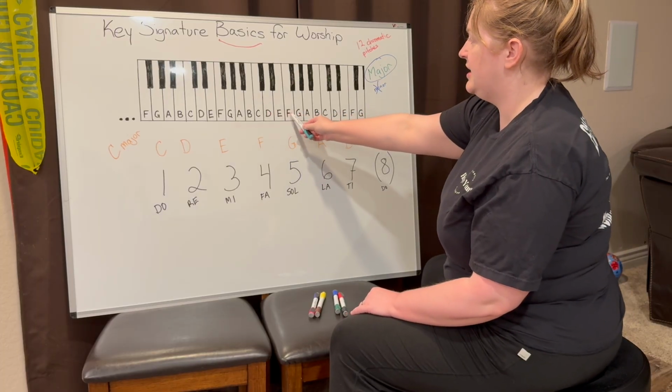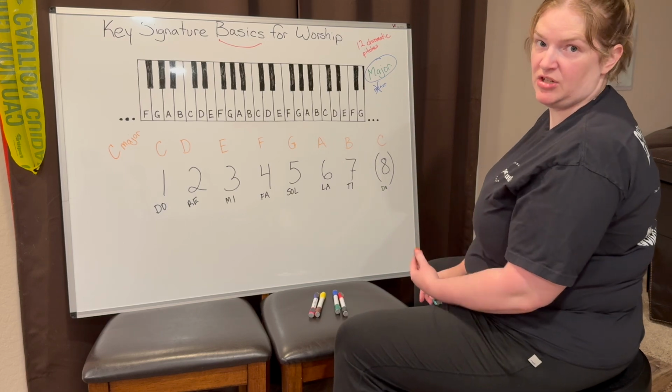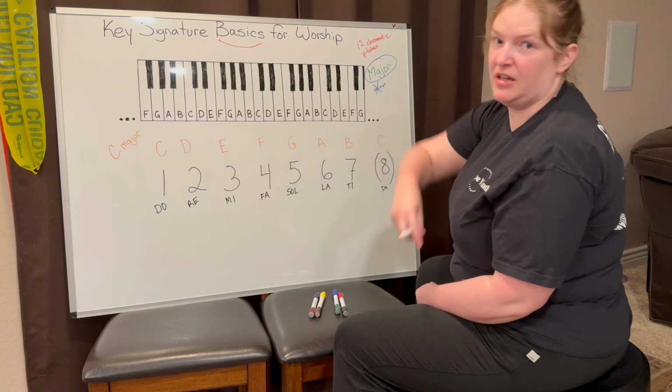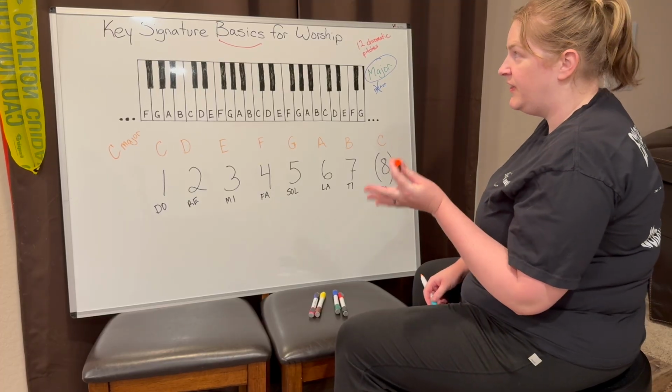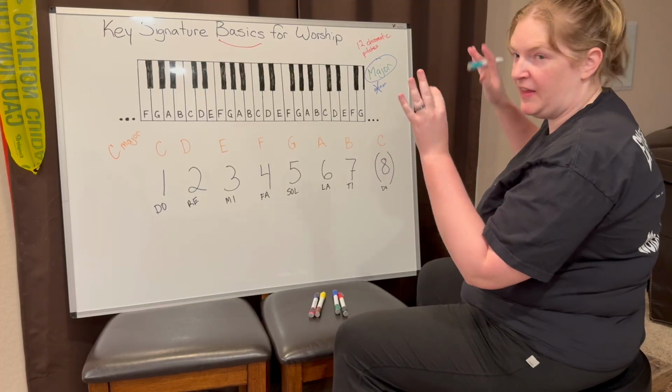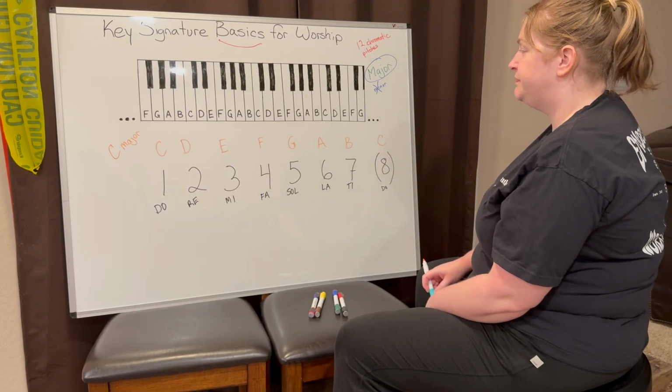C, D, E, F, G, A, B. The key of C major on the keyboard does not play any of the black keys, unless you're doing fancy borrowing, flatting, whatever, but we're not worrying about that right now.